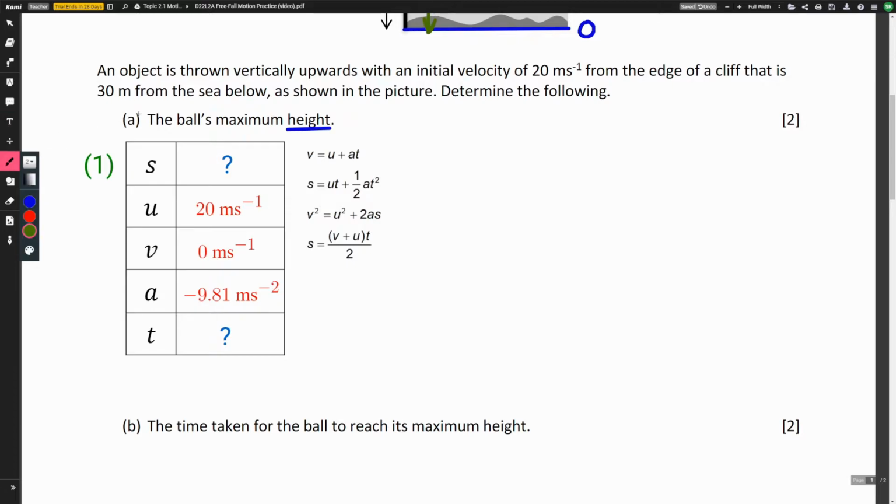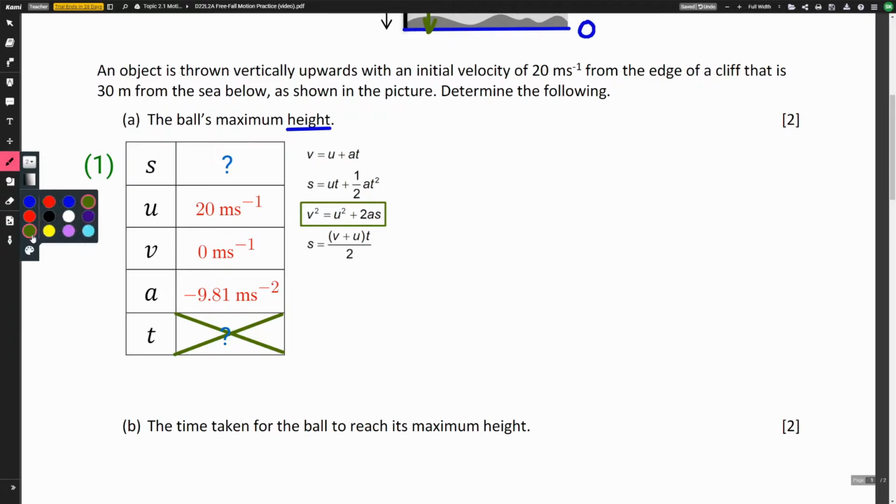When we read this question, it's asking us for the height, which is the displacement. So this is the quantity we're trying to find, which means the time is the one we don't care about. This allows us to figure out which equation to use, because we need the equation that doesn't have time in it.